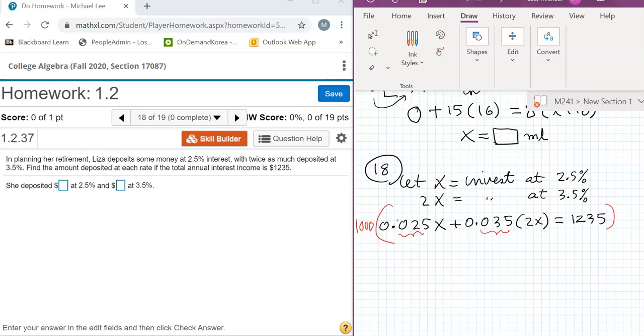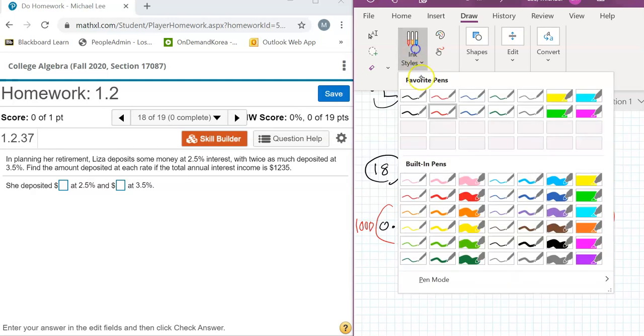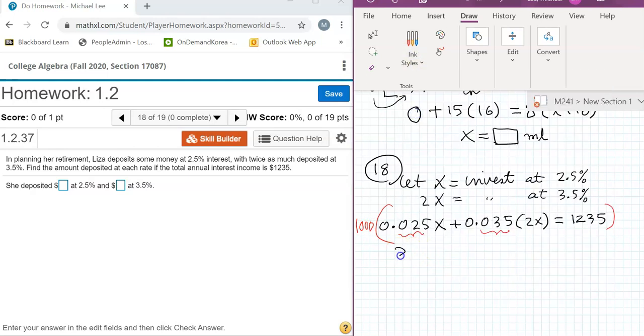That way you get rid of the decimal. So it is 25x plus 35 times 2x equal to 1235000.